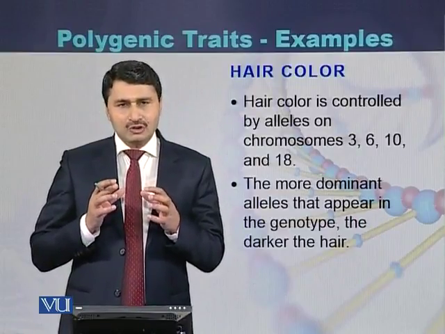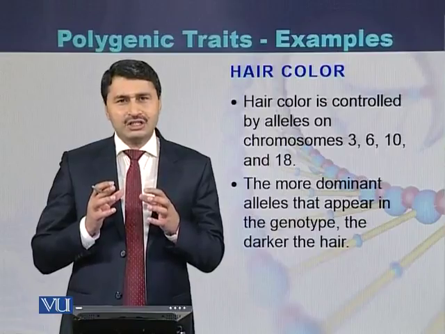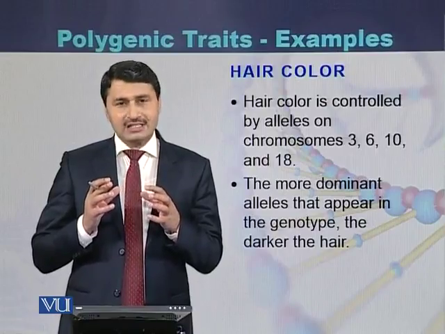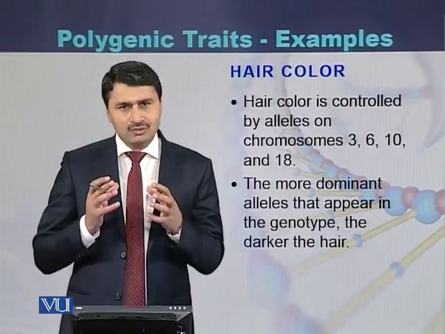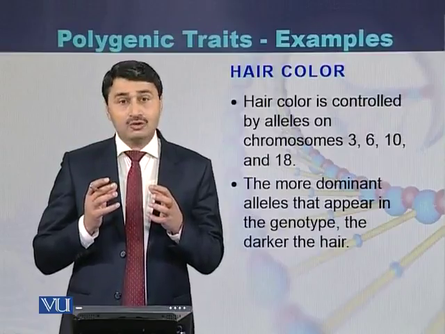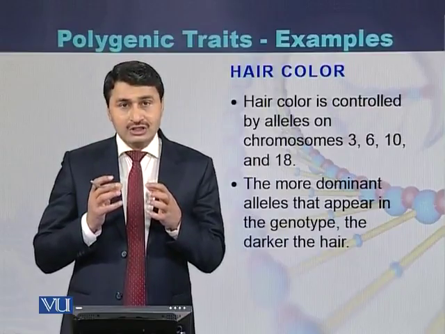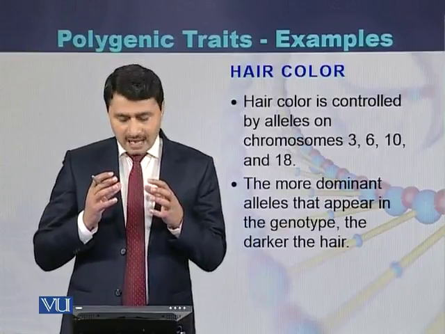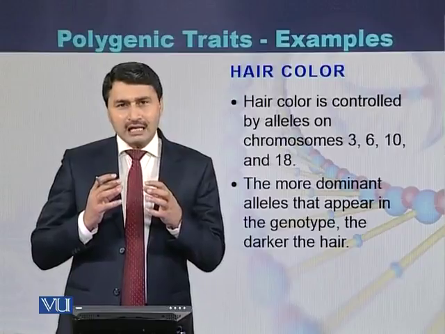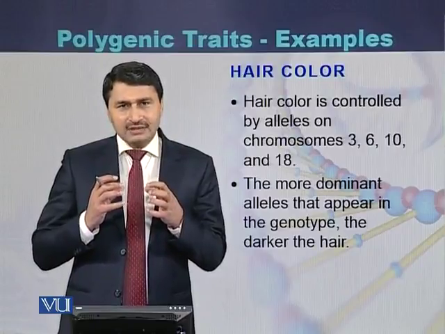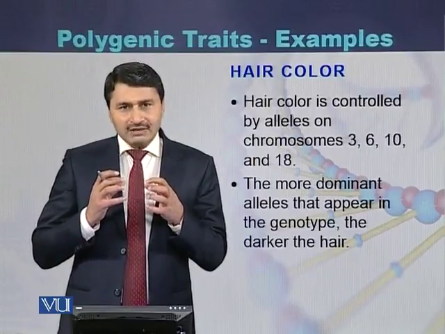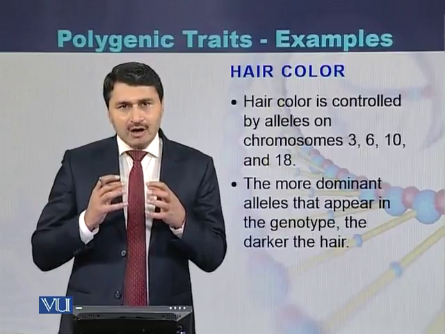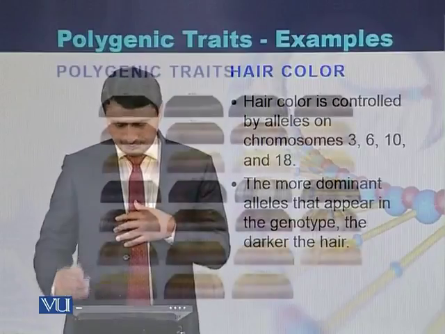Hair color is another example of a polygenic trait. Hair color is controlled by 4 different genes. Those genes are present on chromosome 3, chromosome 6, chromosome 10, and chromosome 18. So these genes control the hair color in humans. It depends on the type of allele. If the allele is dominant, then the color of the hair will be black.